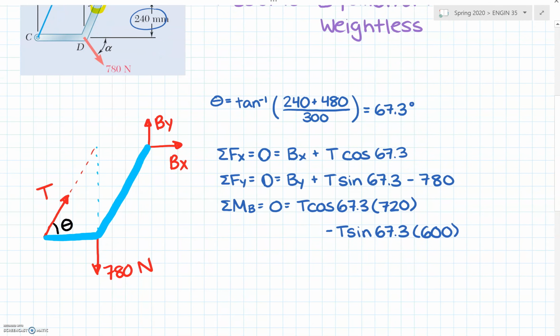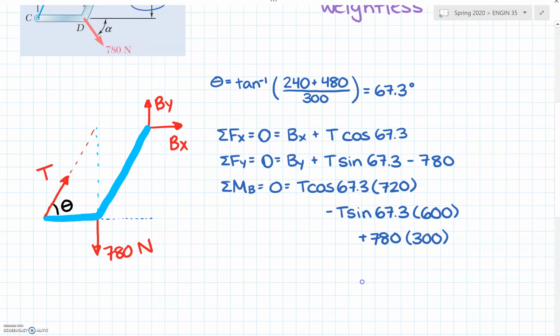And then I have that downward 780 Newton force. The moment arm there is this distance here, which from our drawing is 300. That makes us rotate counterclockwise, so that is positive.